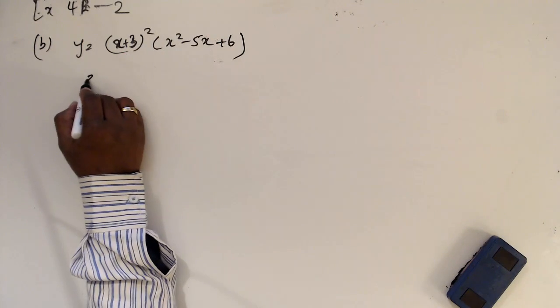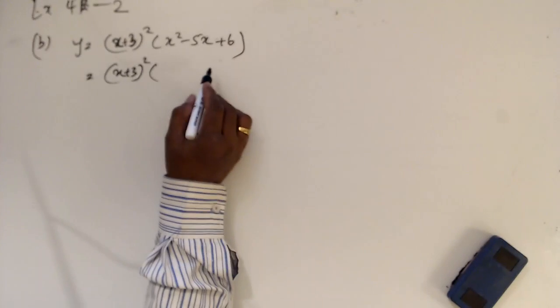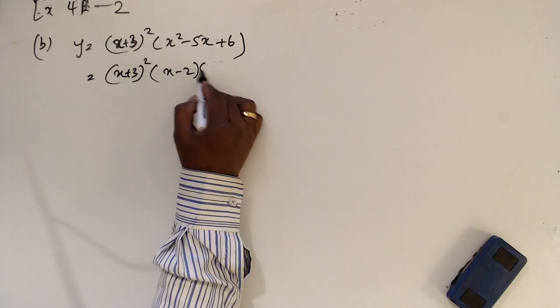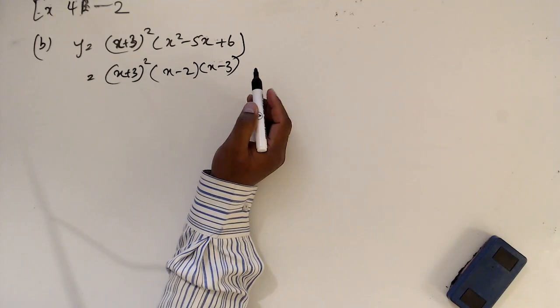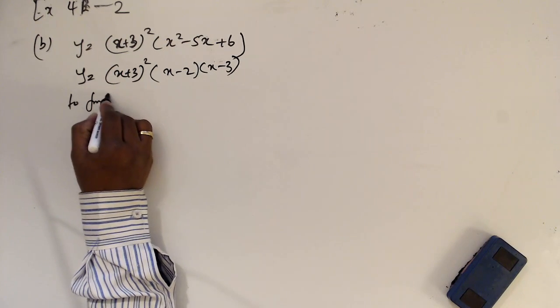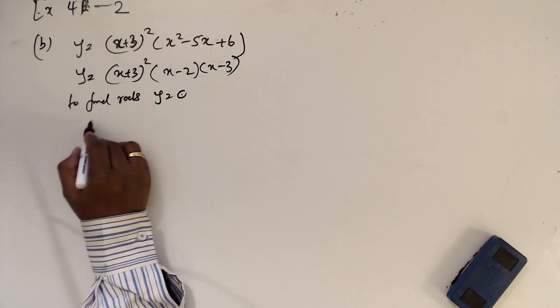Part B, (x + 3) squared. Can I bracket this one out? Yes. (x - 2)(x - 3). Y equals... Now to find roots, we want to make y equal 0.